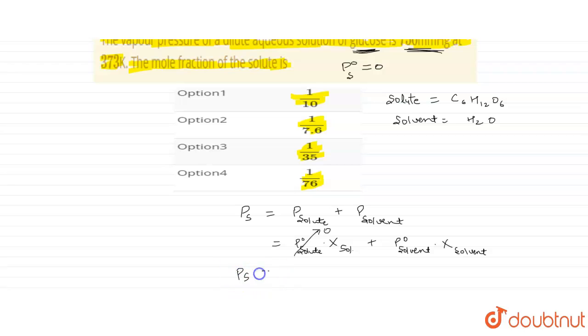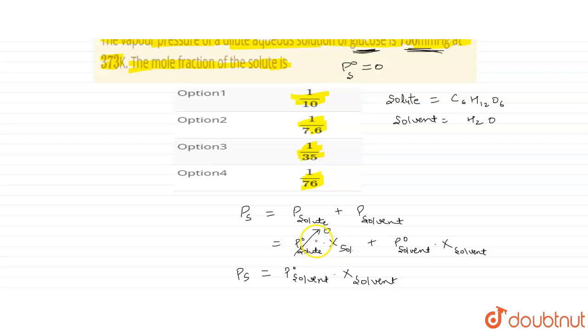So the vapor pressure of the solution will be the vapor pressure of solvent in pure state, into mole fraction of solvent. I hope you guys are understanding it. This is the basic derivation of relative lowering of vapor pressure also. This is how we do the relative lowering of vapor pressure derivation, because due to addition of solute, the vapor pressure of the solution decreases.